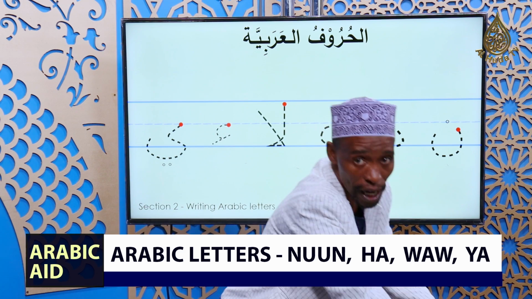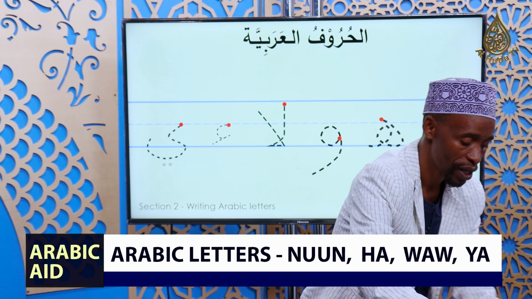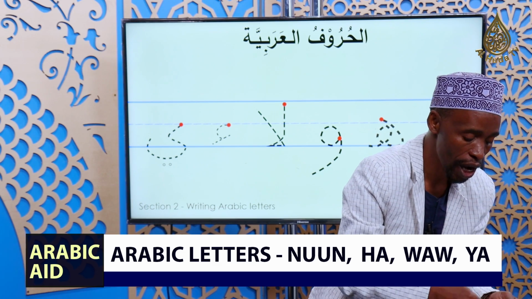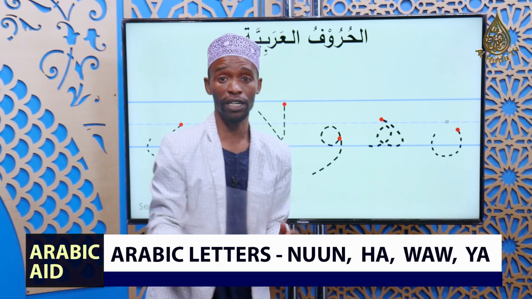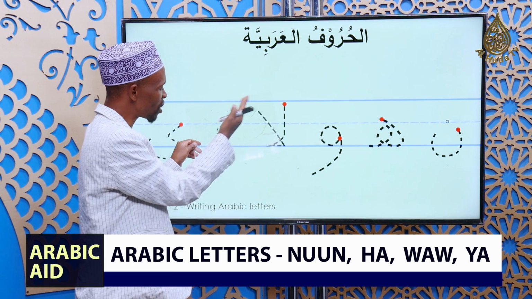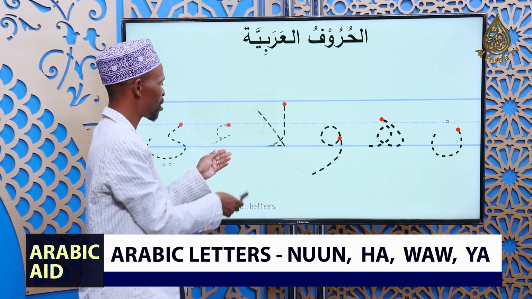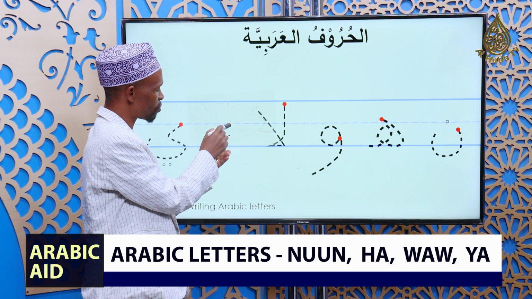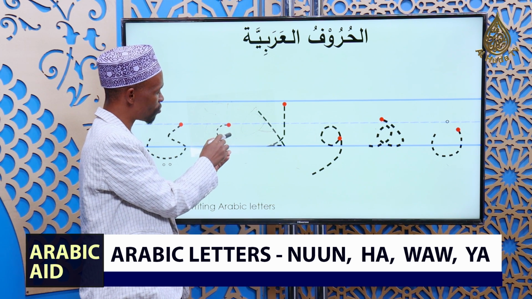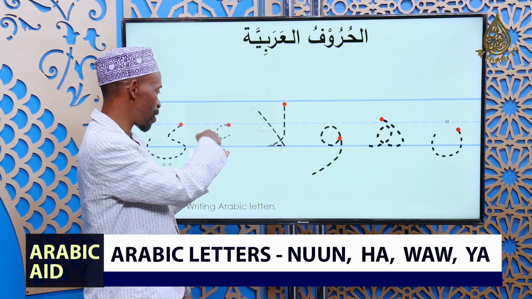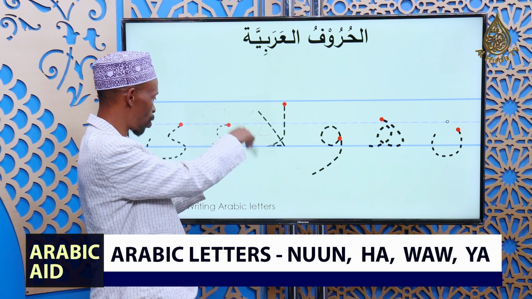After lam alif we have hamza. Remember, hamza is among the letters of huruf al-Arabiya. This one is very easy to write. From the imaginary line you start, you make a small curve like you're writing ayn, but without the bigger tail.